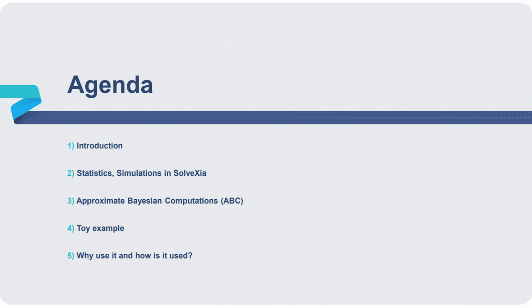And I'll follow that up with a toy example to demonstrate why this algorithm just works and is sufficient for most of our everyday lives. And then I'll conclude with why we use it and how it is used in today's society.